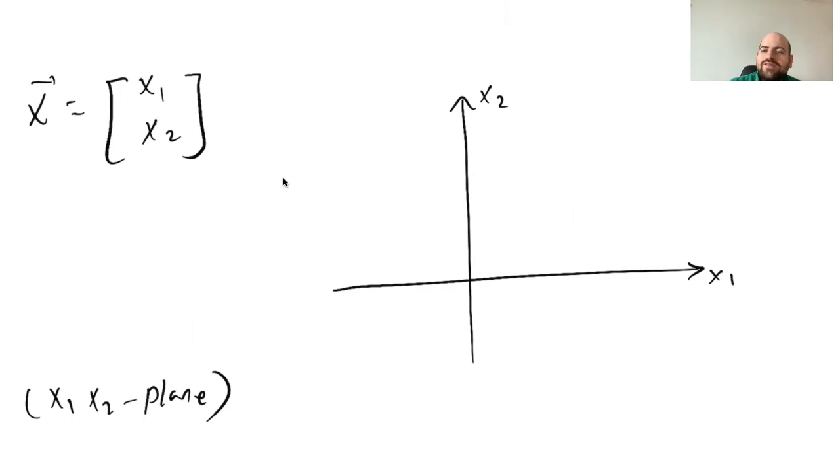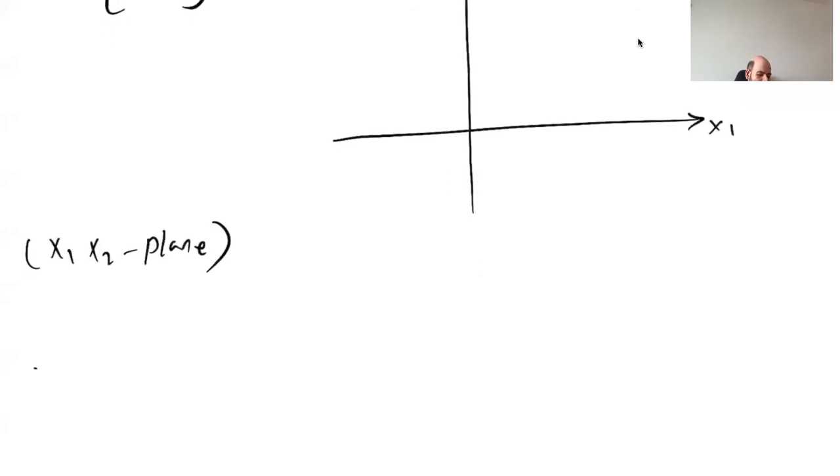Right now I'm focusing on the case where everything is 2 by 2: the matrix is 2 by 2, and the vector is 2 by 1. This concept applies only to this special case of 2 by 2. We can have n by n in the general case, but right now we only want to focus on 2 by 2. This x1, x2 plane is also called the phase plane.